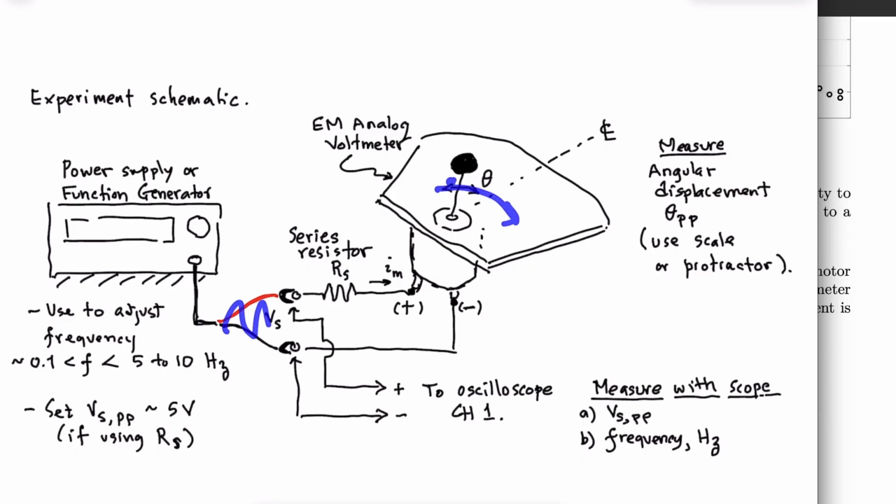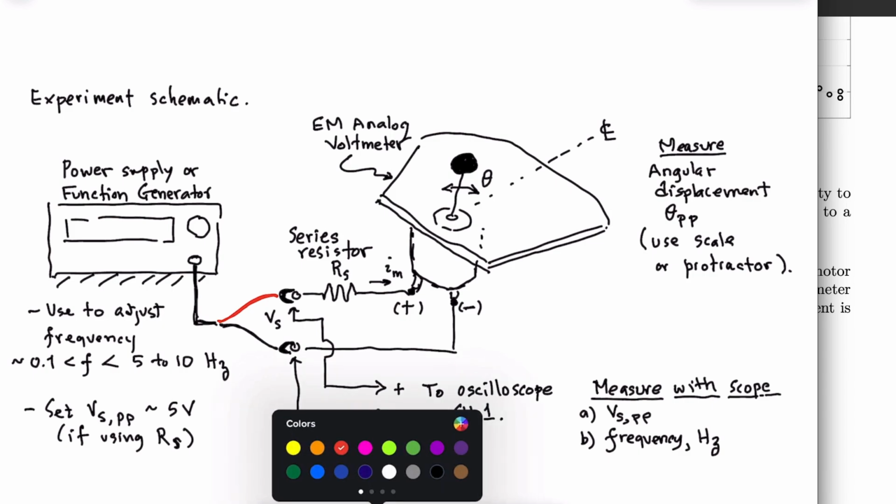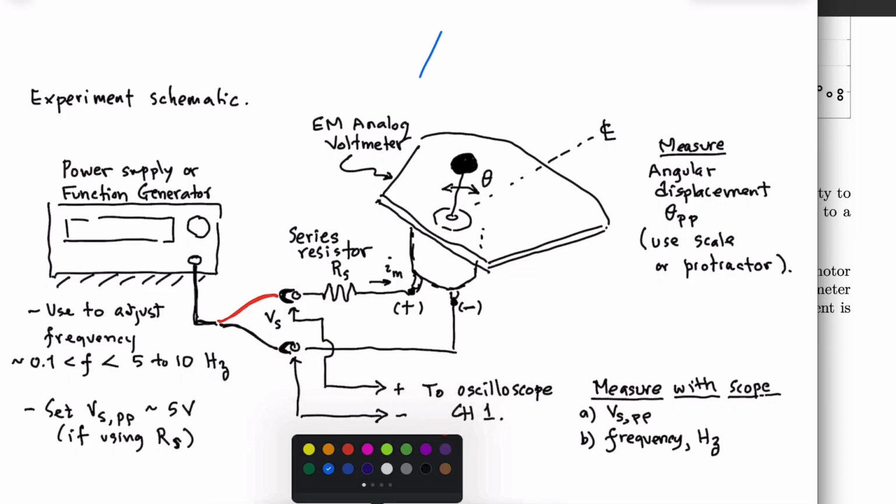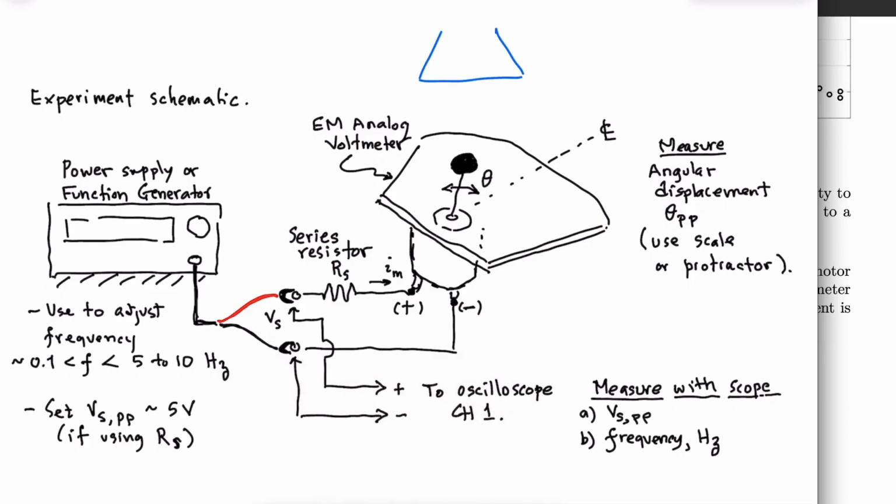Think about now, and this is why we're using vision in this experiment, because we can't put a sensor on this, so by putting a camera here, right? We can do our object identification and measure the position at different points over time, or maybe just measure the peak thetas and build up a frequency response, vary the input, measure that, make sure that we know what that input is.